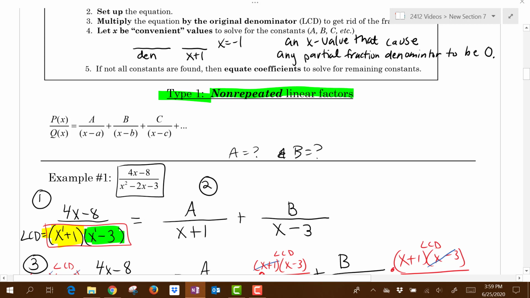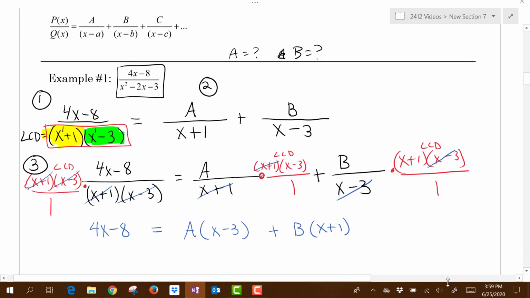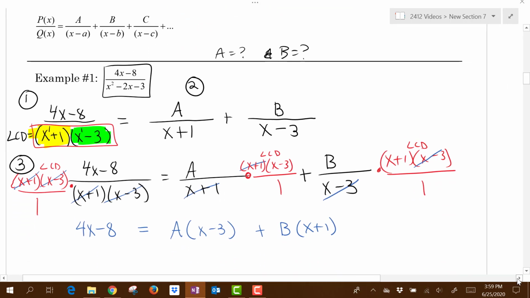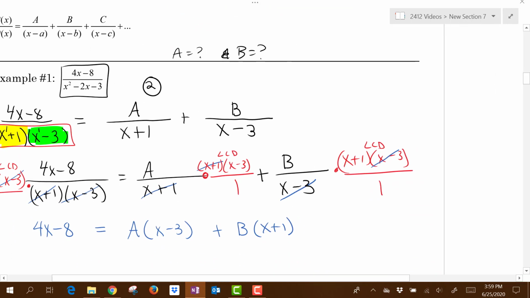Now, sometimes you have a hard time eyeballing it, and you might say, I'm not really sure. Well, there is a procedure, and let's talk about that procedure. The procedure would be to go back up to your original partial fractions and look at those denominators. We define convenient x values to be any x value that causes any denominator of a partial fraction to be 0.